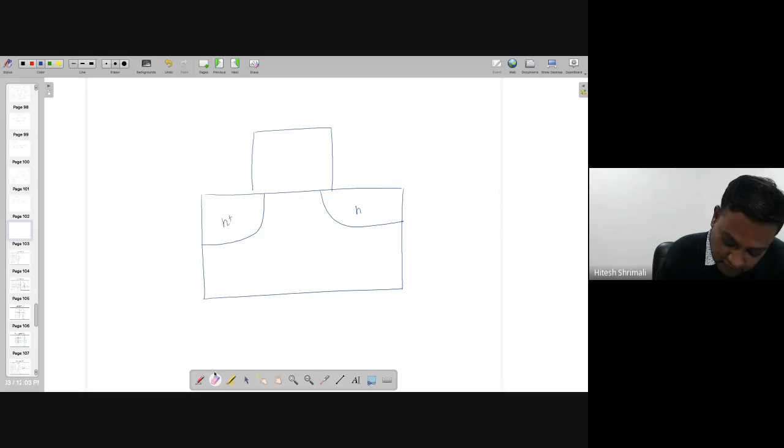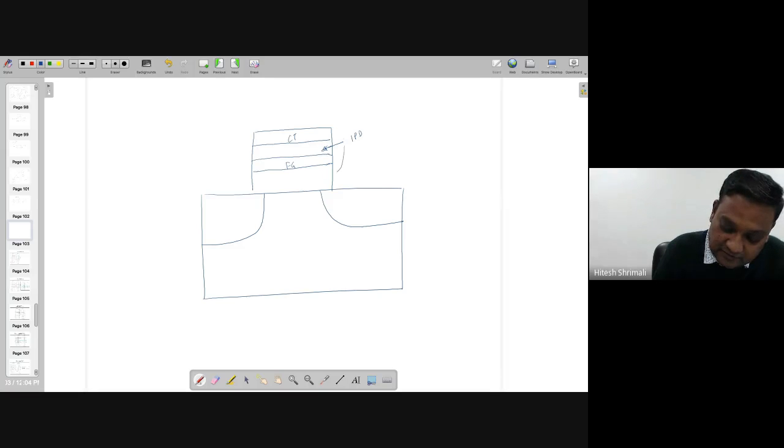I'm not writing anything here so that it's applicable to both of that. So this is a floating gate and this is the control gate, and these are the oxides, and this is known as IPD, interpoly dielectric.